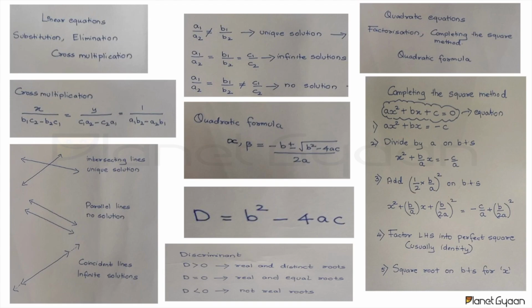Then what are the different types of roots with the value of the discriminant, that is there. Then unique solution, infinite solutions, no solution, all those different cases are there. And on the extreme right hand side at the bottom you can see the method to solve by completing the square. These are the things which should be there in your chart, related to equations, that is linear equations and quadratic equations.